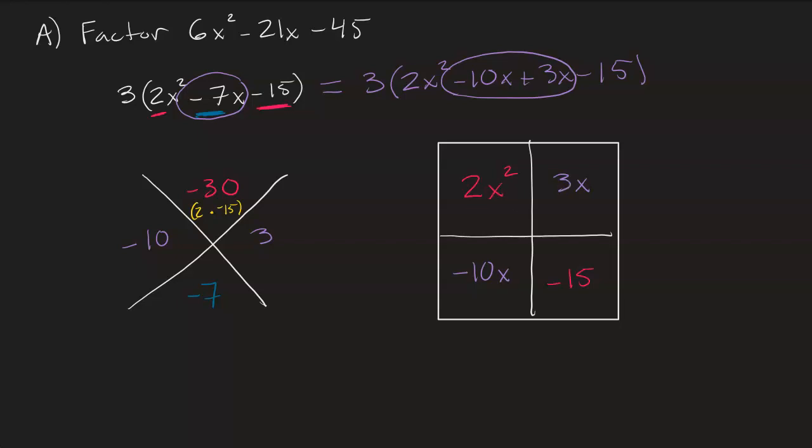So for example, I know that to get x squared, it has to be x times x. But I also need a 2. So if I throw in a 2 here, I know that 2x times x gives me 2x squared.